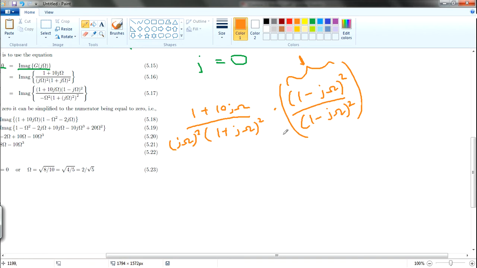So let's just follow. In this case, 1 plus 10 j omega times 1 minus j omega squared, as you can see, is the same thing over here. If you square j omega, definitely you will become minus omega squared, because j squared is equal to negative 1.